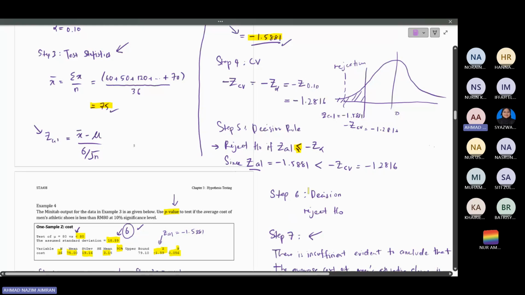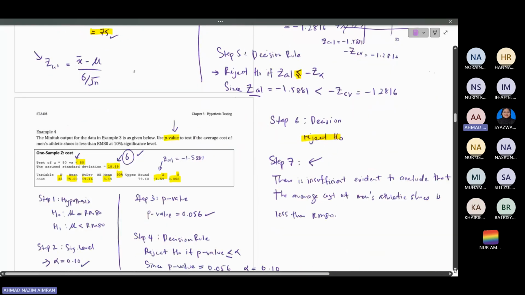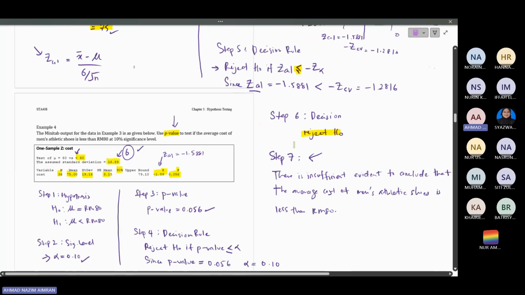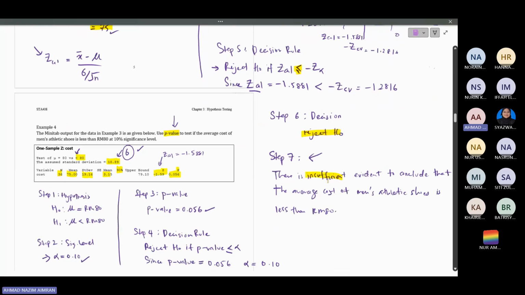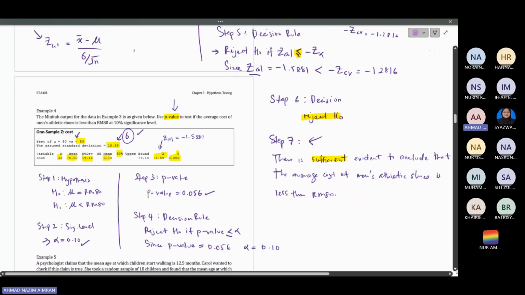Decision is to reject H null. And for step 7, instead of insufficient, now we have sufficient evidence. Okay, we have sufficient evidence. Now it makes sense.